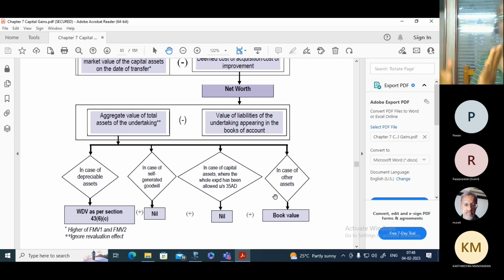You give up to me, I will take care, is what he is telling. Surrender firstly. Give up. Don't expect, sir, will you give up so that I will surrender? Nothing like that. Remember this point clearly. FMV1, what is that? Firstly, give up.